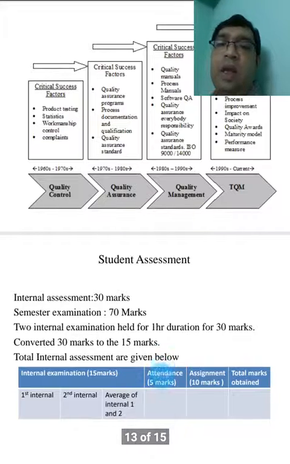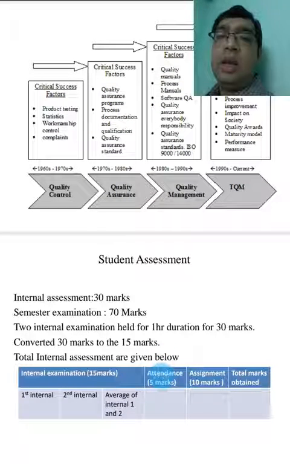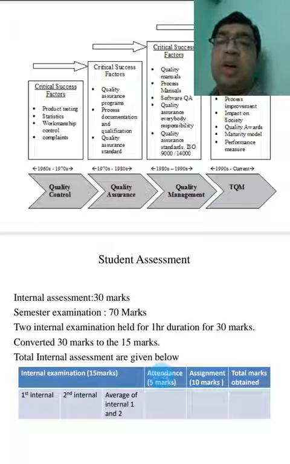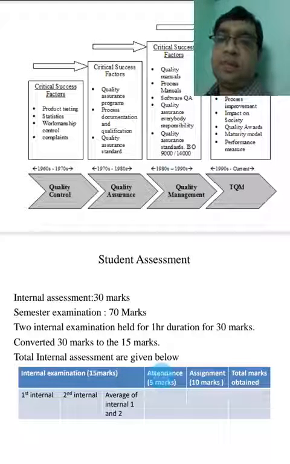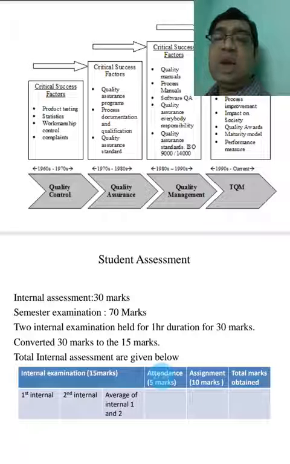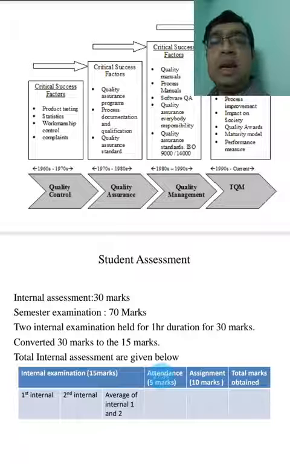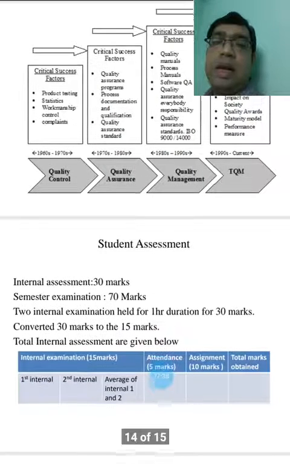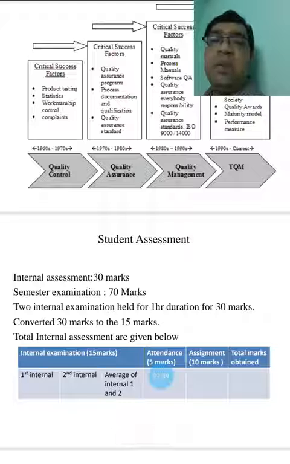This will be read in this lecture, and also how our students are assessed in the semester examination. Basically student assessment is of two types: one is the internal assessment and the other is the semester examination. The internal assessment carries 30 marks, and the semester examination carries 70 marks.